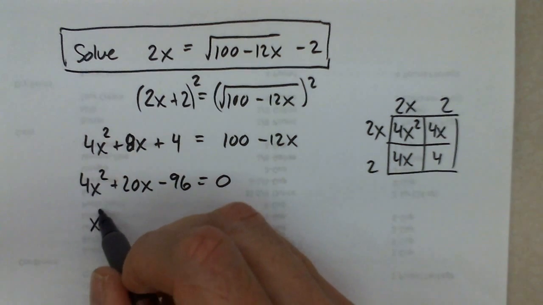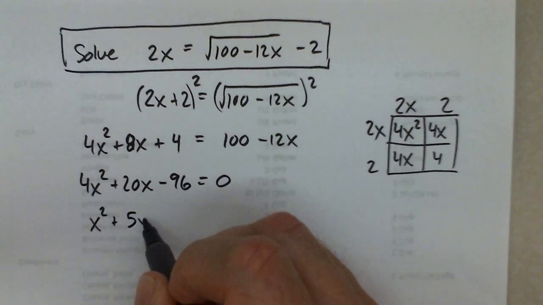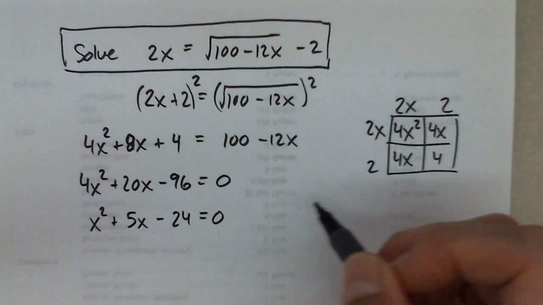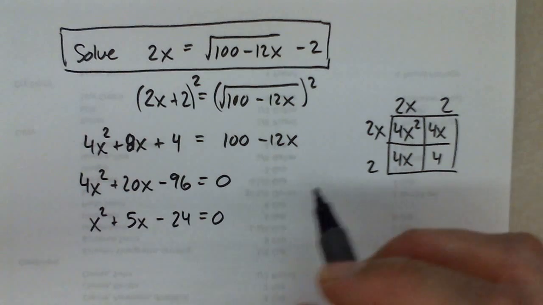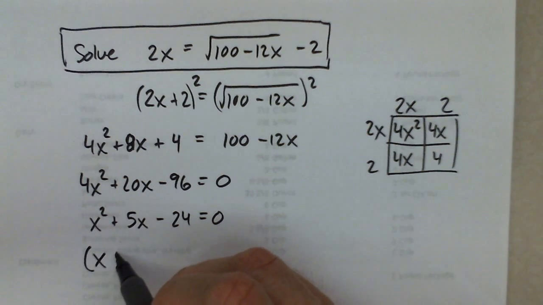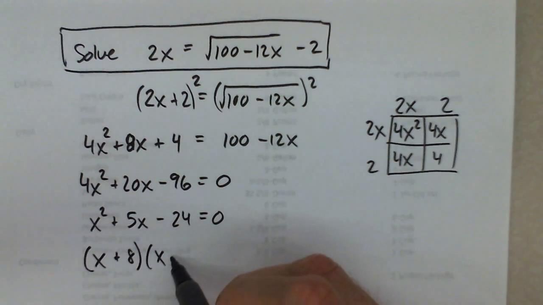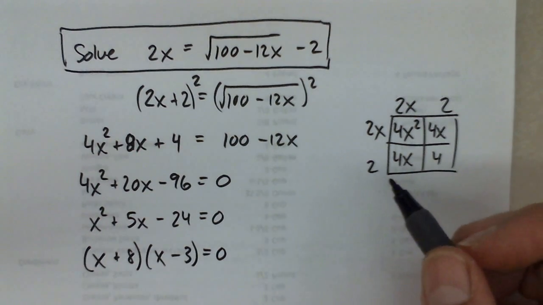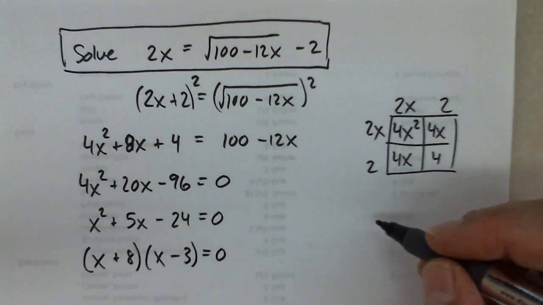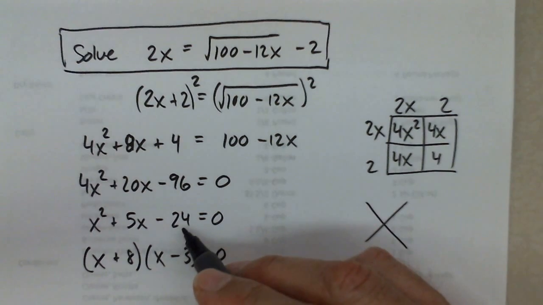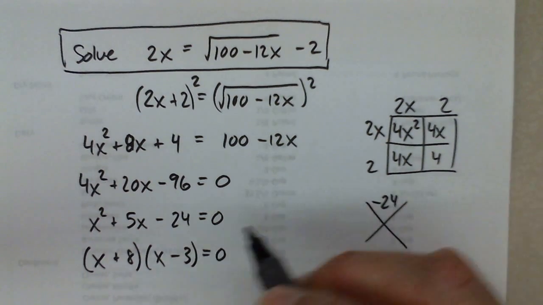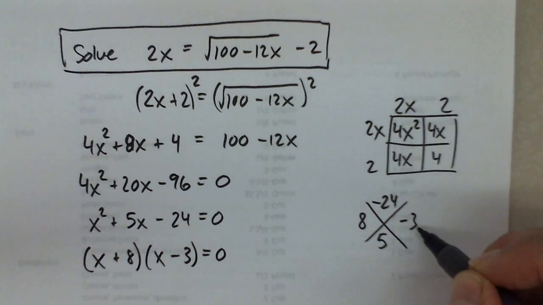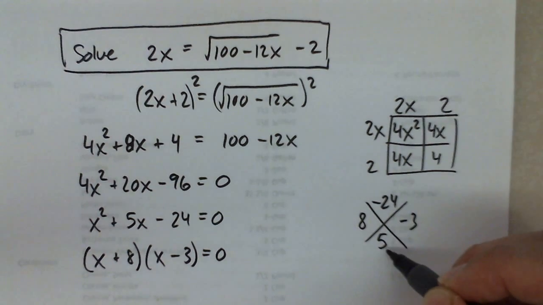And when we factor that, remember that one way to organize it is to put the negative 24 and then 5, and we want to find numbers that multiply to get that and add to get that.